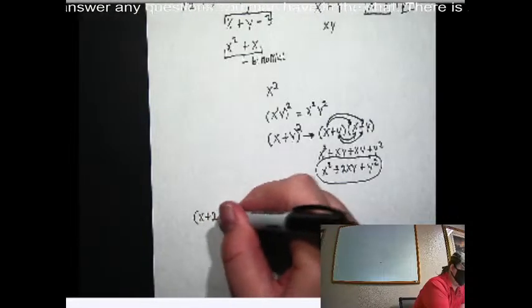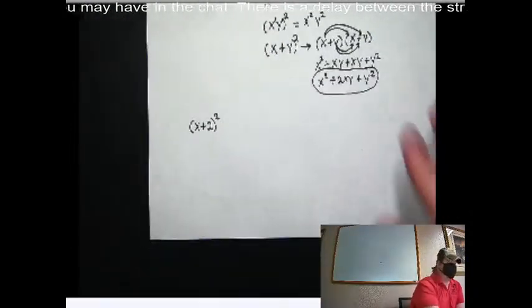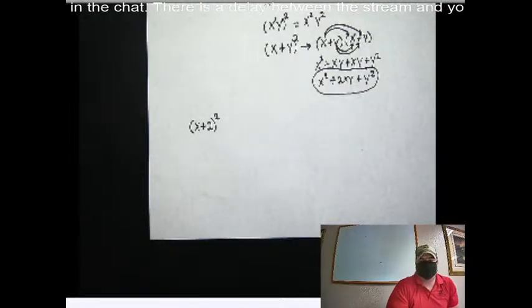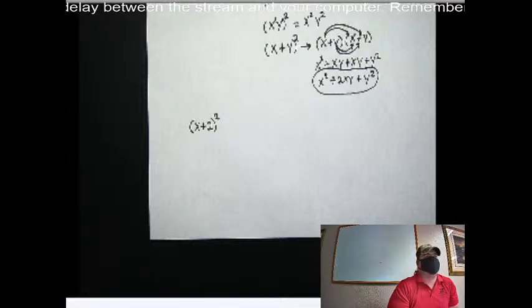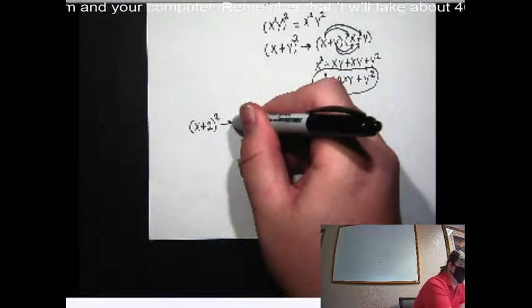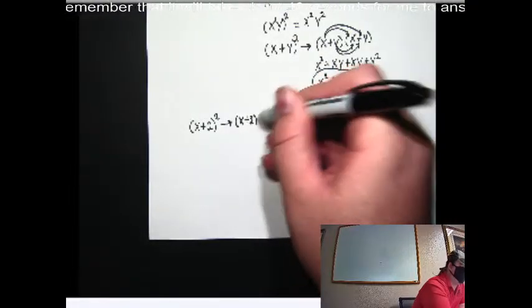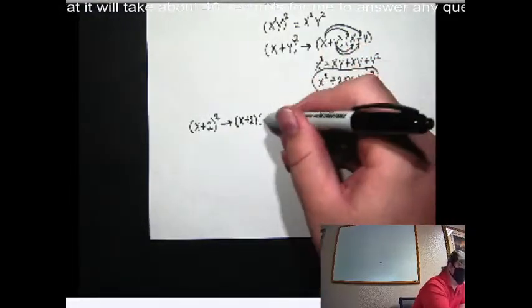X plus 2 squared. Again, we cannot think of this as distributing that power. We need to actually multiply this out. So this is x plus 2 times itself, x plus 2.